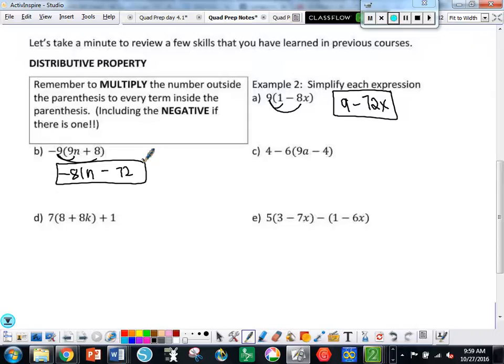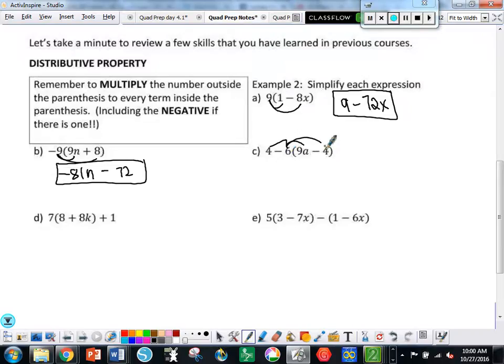What about part C though? How is part C different? Do I combine the 4 and the 6 first, or do I distribute the 6 first? You think about the order of operations. This operation right here would be a subtract. This operation is a multiply.